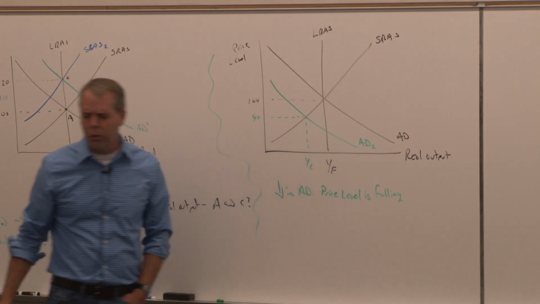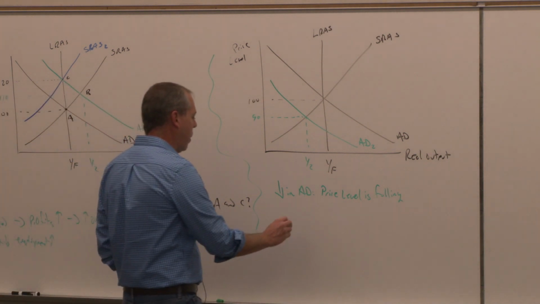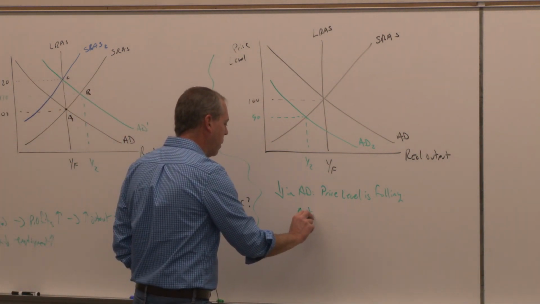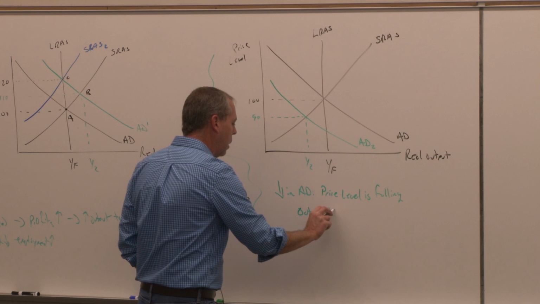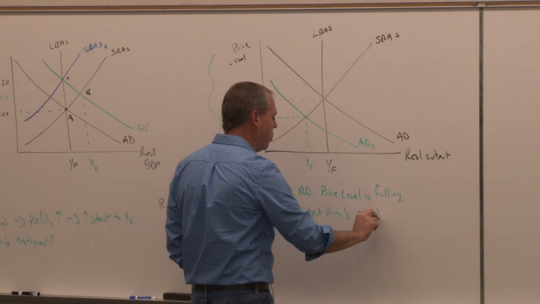But remember, what's true about the input prices? They're staying the same, right? So here's what firms are seeing here. Here they're seeing output prices decline. They're seeing input prices stay the same.